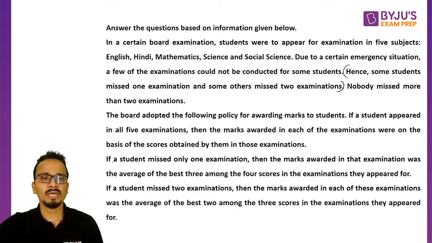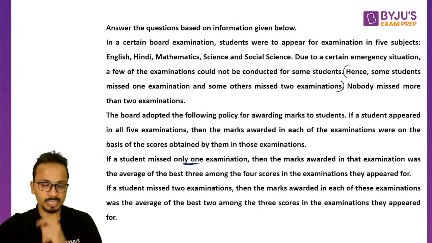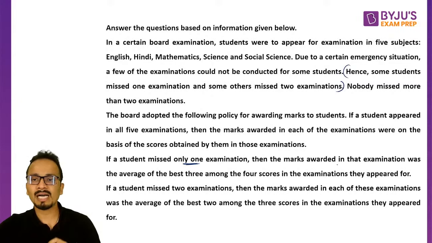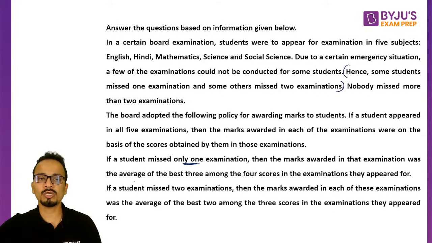Okay, next paragraph. If a student missed only one examination, now this is important, carefully listen to this. If a student missed only one examination, then the marks awarded in that examination was the average of the best 3 among the 4 exams that he has appeared for.